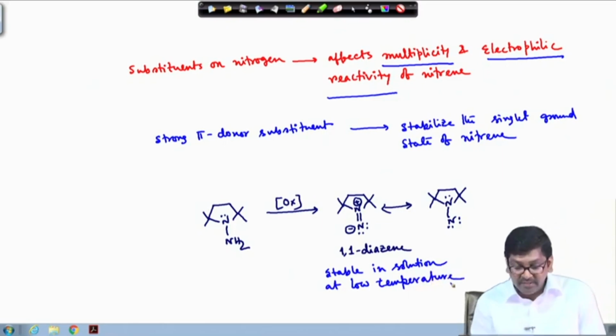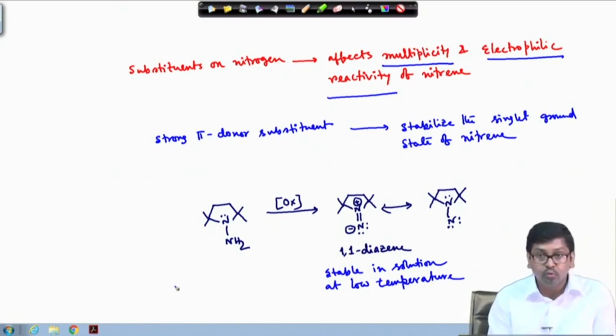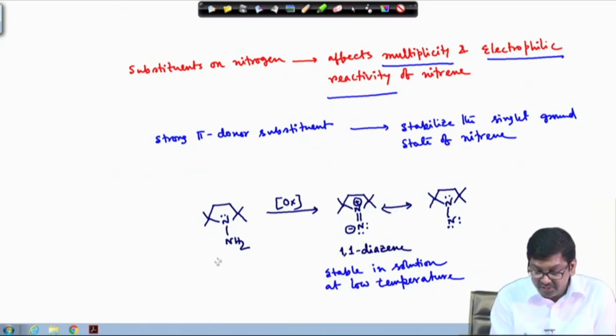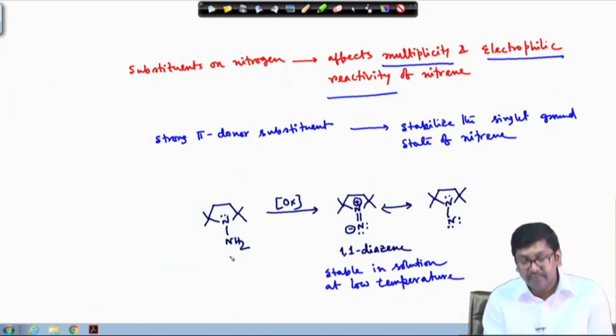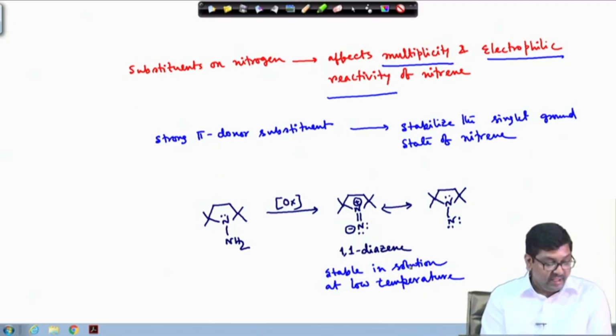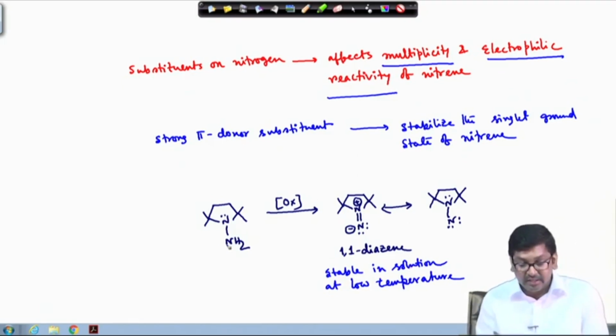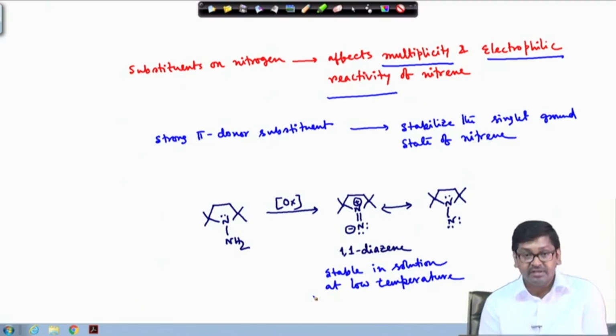Okay. So, what happens? We took this 1-amino-2,2,5,5-tetramethylpyrrolidine, and if we oxidize this, that will form this 1,1-diazene species, and this is the nitrene species that could be stable in solution at low temperature. This is because of this nitrogen, which is the substituent that is actually stabilizing this unstable reactive intermediate nitrene.